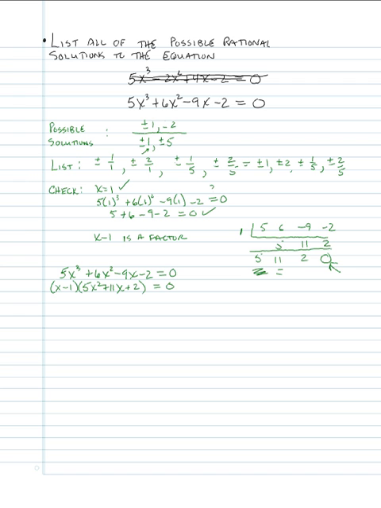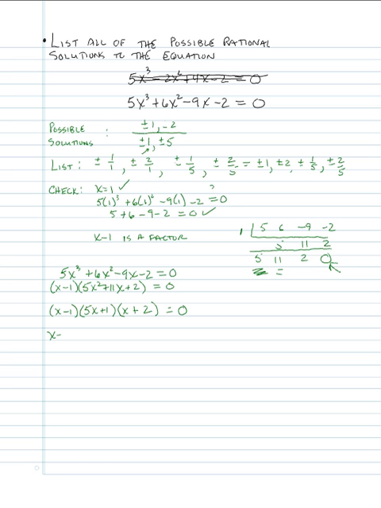Okay? Now, the next question is, could we factor further? And I think 5x squared plus 11x plus 2, let's see, how about a 5x times an x? And how about a plus 1 and a plus 2 in that fashion? Doesn't that give us 5x squared plus 11x plus 2?